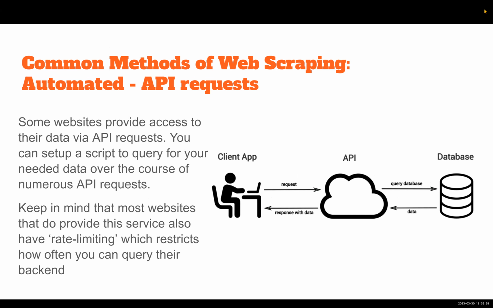But for those websites which do allow access to the API backend, it is a simplification of gathering their data and building up your own data set for use. Just keep in mind that most websites that do allow access to the backend API often rate limit how often you can query the backend. So just keep that in mind when you're setting up scripts to pull data using an API backend.